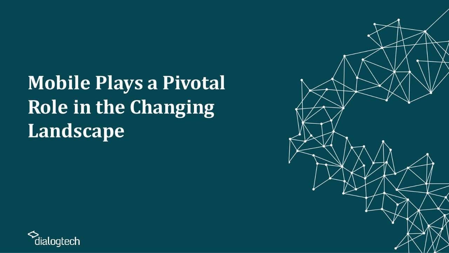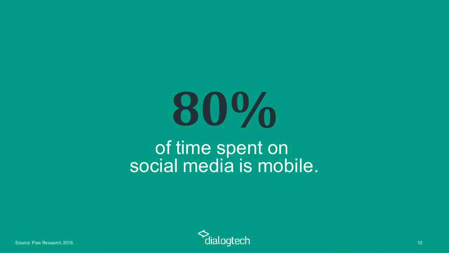And what is the role that mobile plays in this changing landscape? Clearly, it's incredibly important. It's pivotal. The majority of Facebook's users are mobile, and Instagram is a mobile app, so mobile is pivotal to the changing landscape in social media.